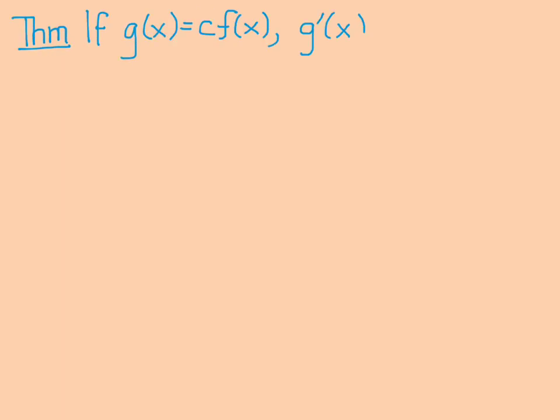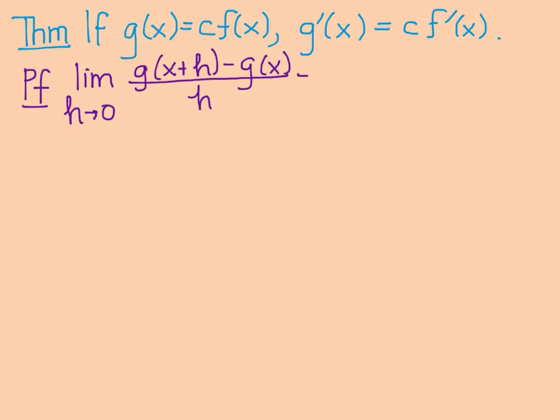Another theorem: if our function g of x is a constant c times f of x, then g prime of x is going to be c times f prime of x. In other words, if we have a constant multiple, we leave the constant there and take the derivative of everything else. The proof of this is simple.